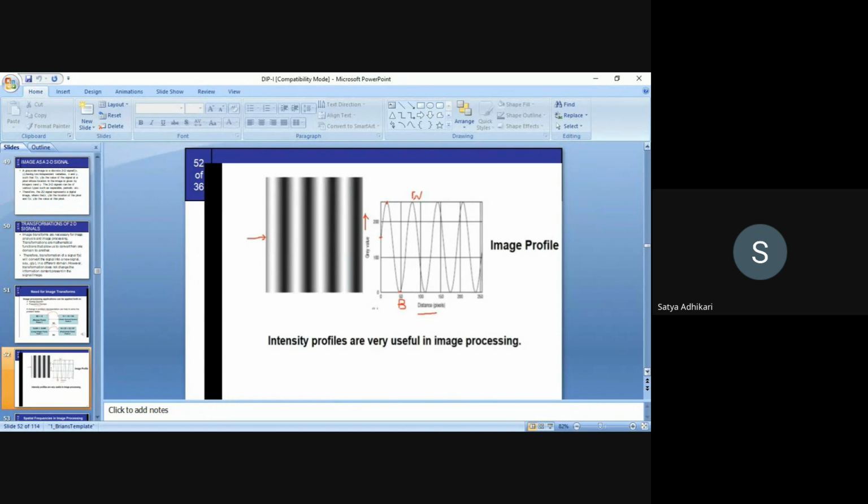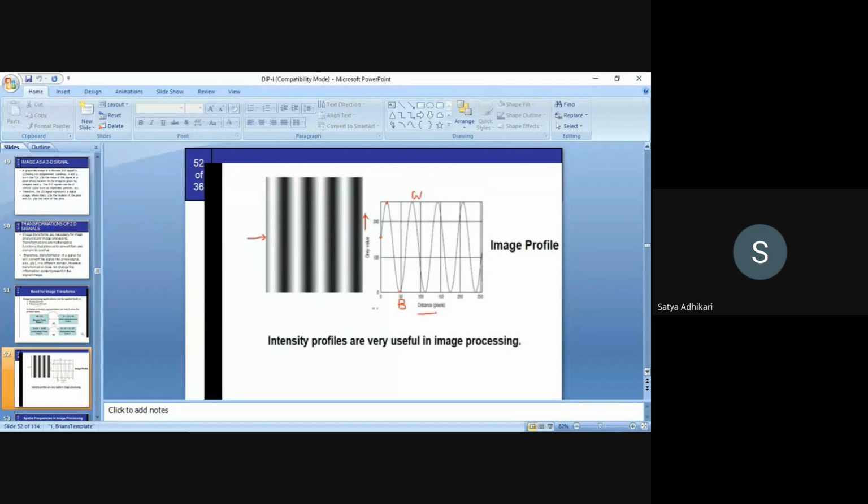That is, from the image profile you have some idea about the gray level value, the intensity value of an image. It is called the image profile or intensity profile. From this graph we will get some idea of the pixel value of that image.